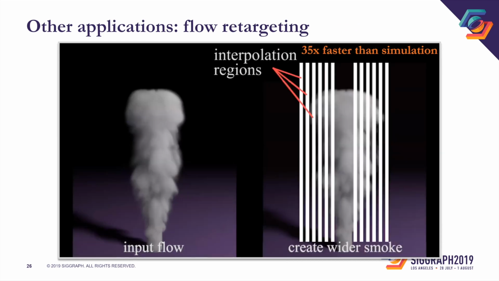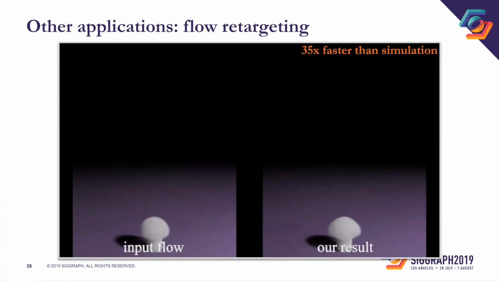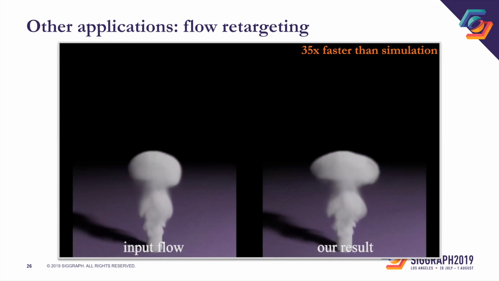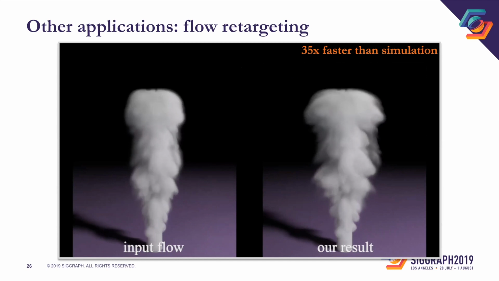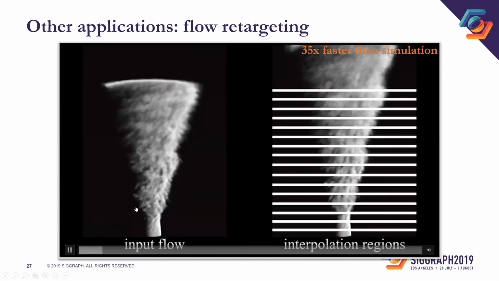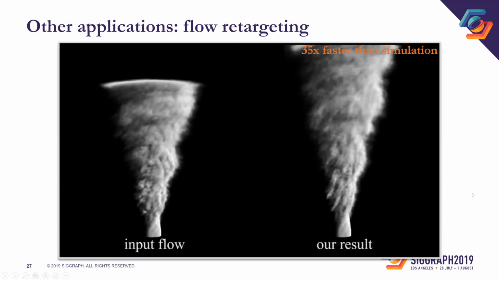And also we can create wider smoke in a similar way, like this one. This is a similar example, but in this case, we want to create a taller tornado.